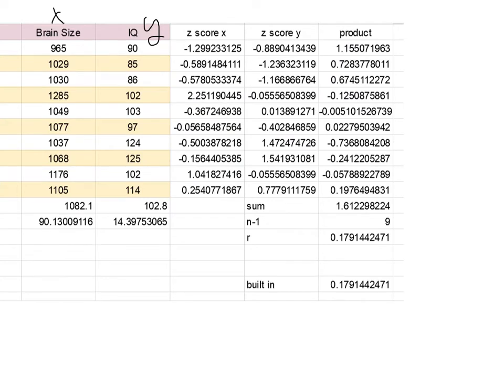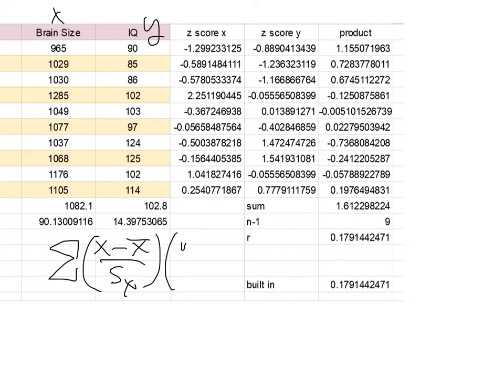So we're going to calculate the correlation now, and the formula says we take the sum of x minus x bar divided by sx, which is the standard score for the x's, and then we take this to find the standard score for the y's.